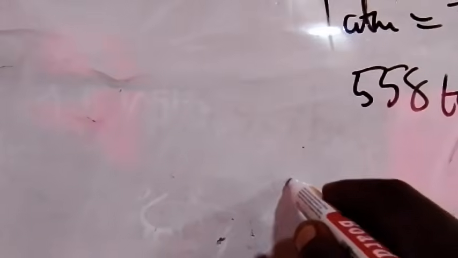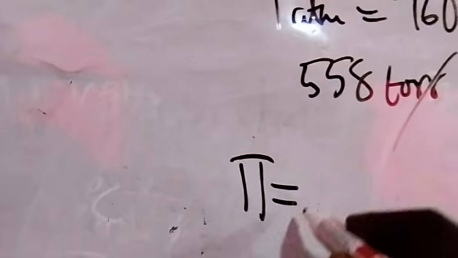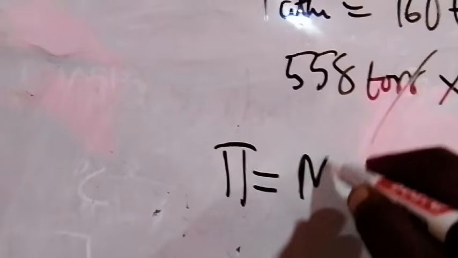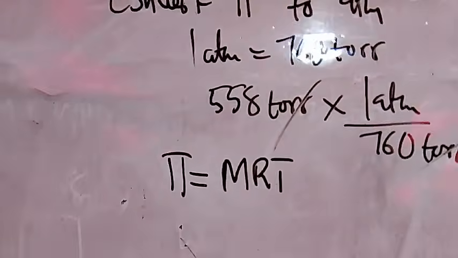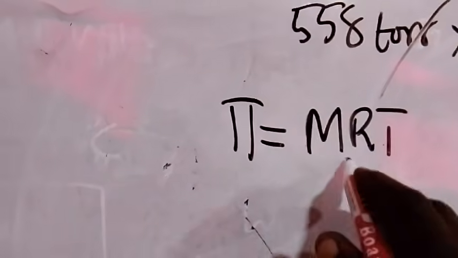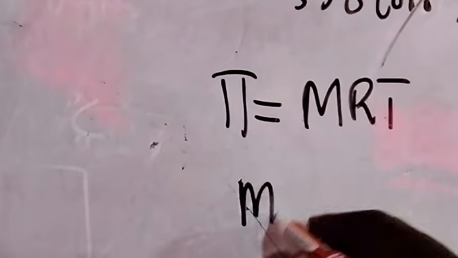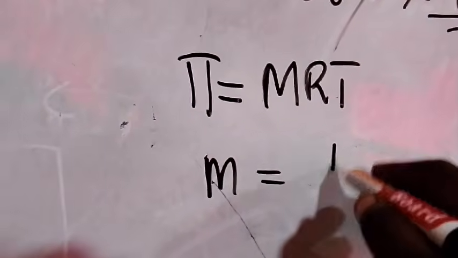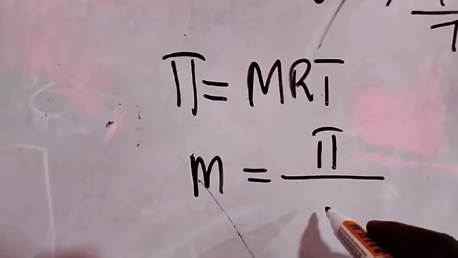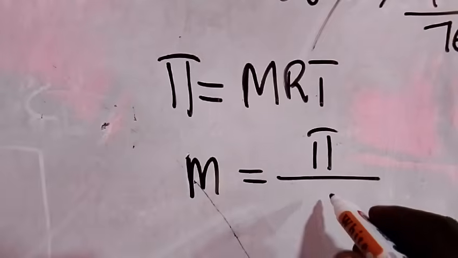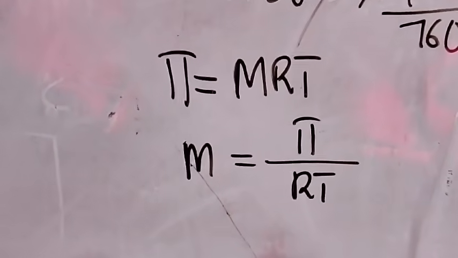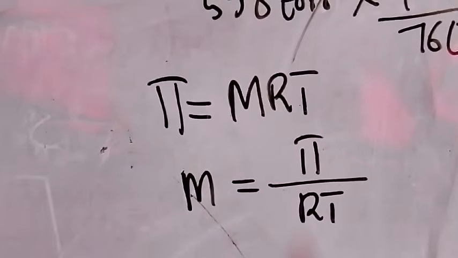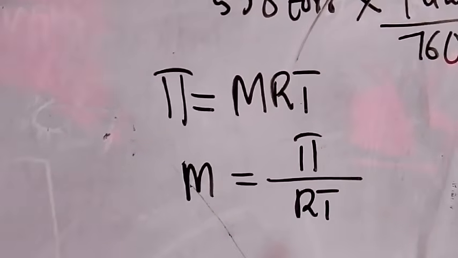We want to calculate the molar mass, so what we need is the number of moles. How are we going to get it? Pi is equal to MRT. Let's make molarity the subject of the formula: molarity is equal to pi over RT.